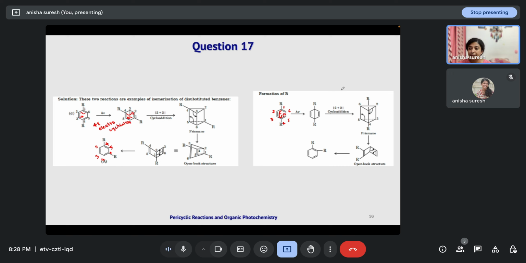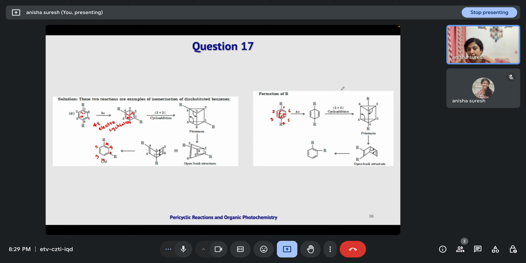Is the mechanism clear? So first a photochemical 4 pi electrocyclization reaction, then 2 plus 2 cycloaddition, followed by some rearrangements.